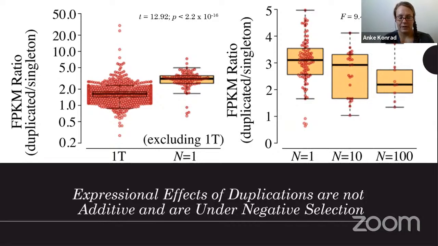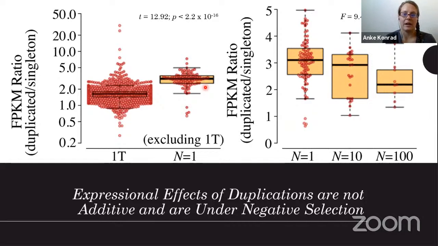And one thing that we noticed is that while the gene duplicates in line 1T on average had a gene expression that was slightly less than 2 times that of the singleton gene, for the remaining lines of size n equals 1, the expression of the 2 copies was higher than 2 times the expression of the singleton gene, implying that the expressional changes of a gene duplication is not simply just 2 times that what it was. So it's not additive.